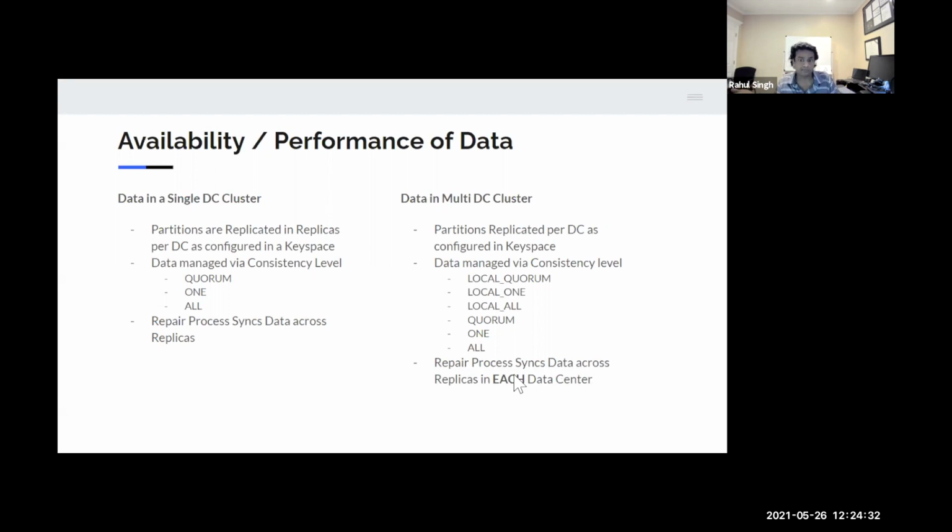You actually gain it because you can have one region, let's say New York, talking to US East and California talking to US West, and the traffic could be different in US West. So you can scale that data center separately. You can keep adding nodes to that data center rather than add them to both. So having multiple data centers gives you the ability to scale the different physical areas separately.